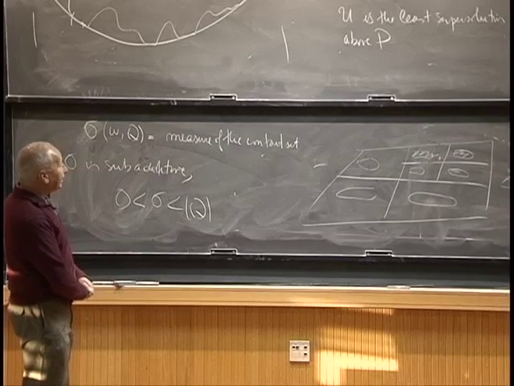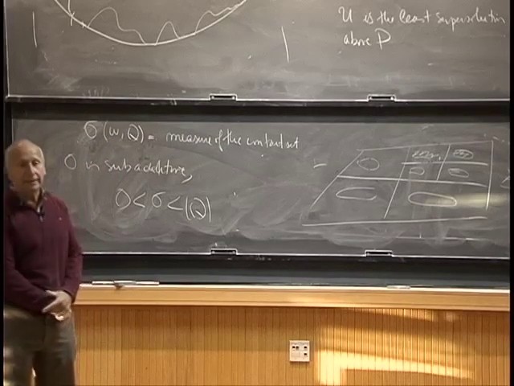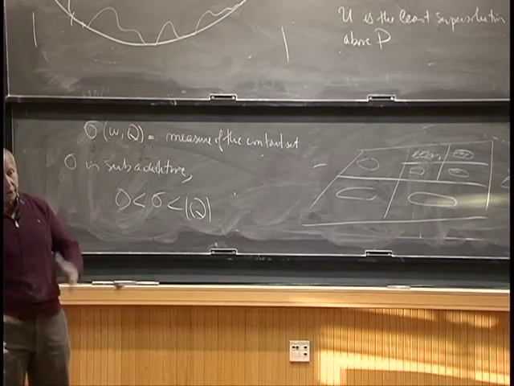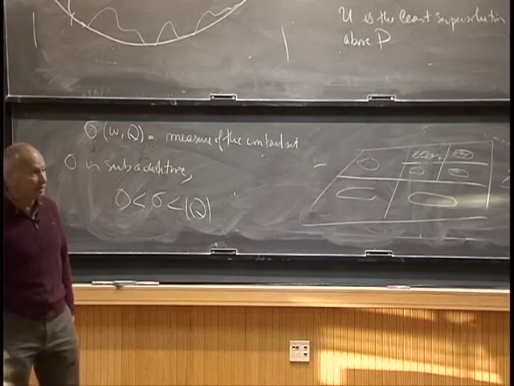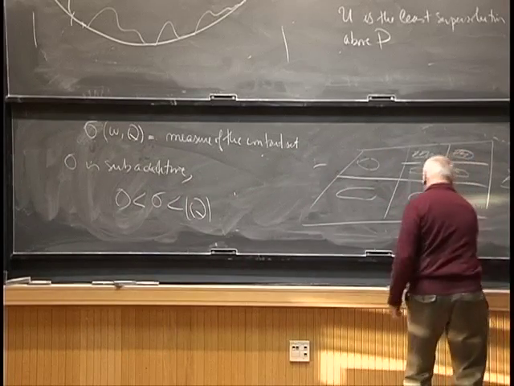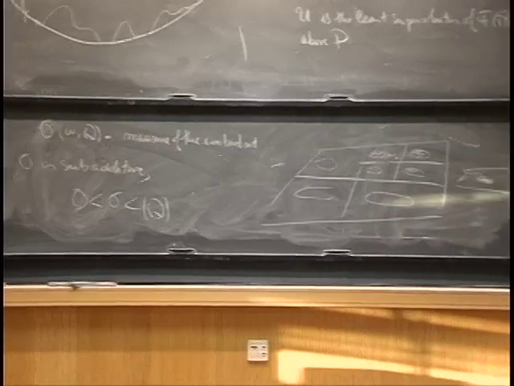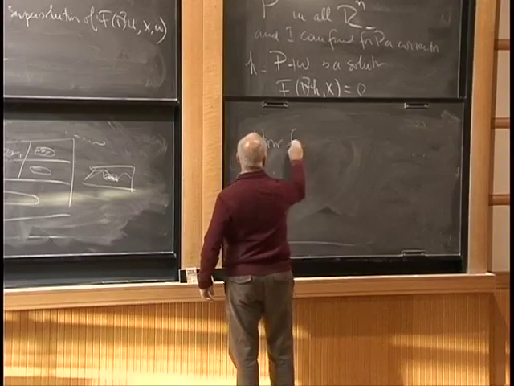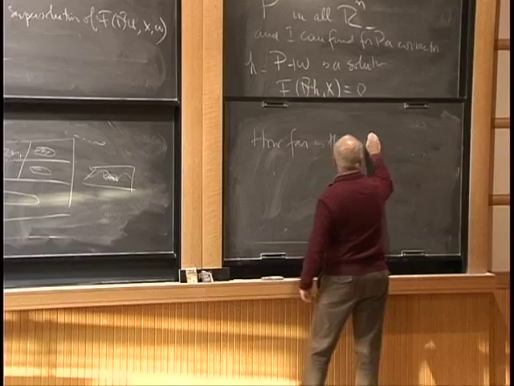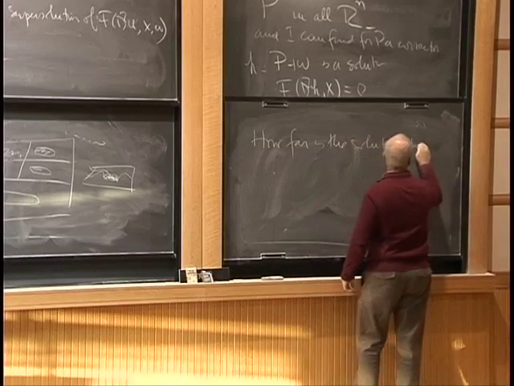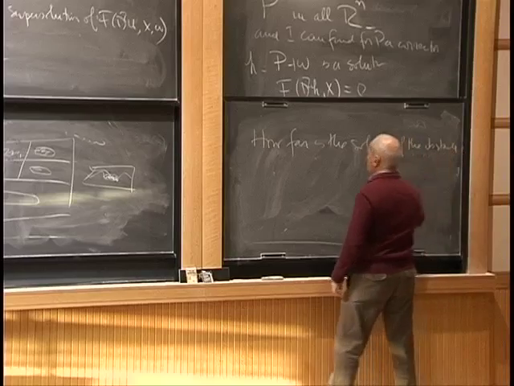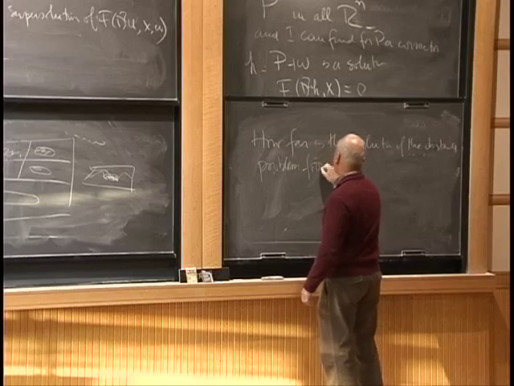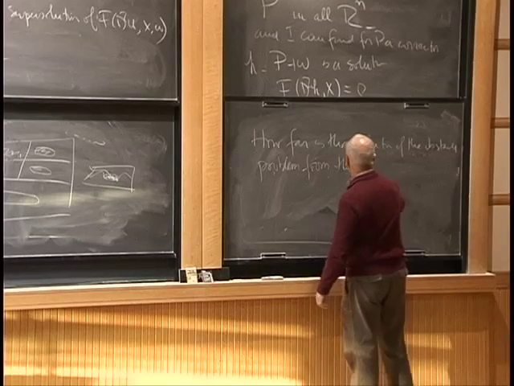Now sigma over q has a limit, right? So now let's say what can we say about how far the solution of the obstacle problem is from the real solution?